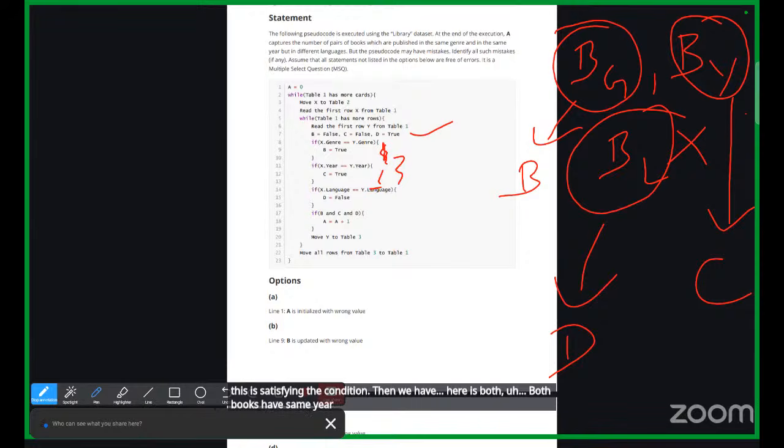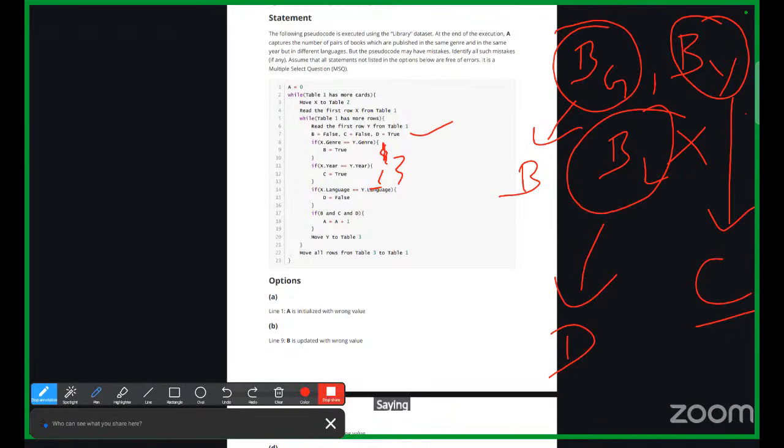If they have, then we are saying C is true. This is also fine. Then in line number 14, we are checking whether x dot language is equal to y dot language or not. If the languages are equal, then we are saying D is false. This is also correct, right? Yes, sir, it is also satisfied.